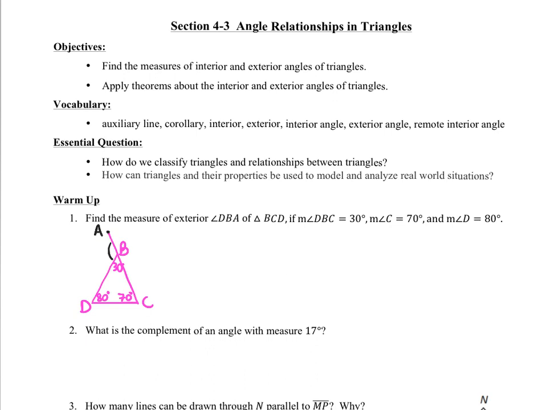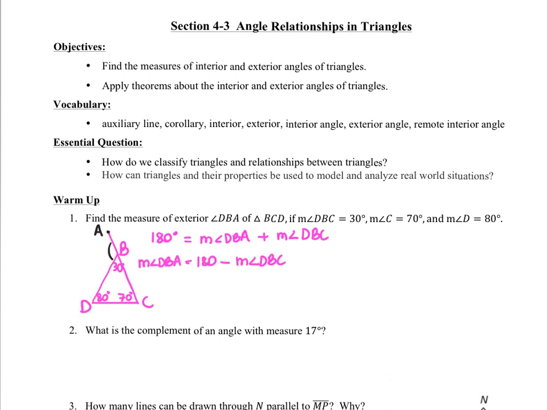And I bet it jumped right out at you that we have a linear pair between 30 and the angle that we're trying to find, angle DBA. So we can set it up knowing that linear pairs are supplementary, the two angles summing up to 180 degrees. And since the measure of angle DBA is the one that we're trying to find, we can solve for the measure of angle DBA.